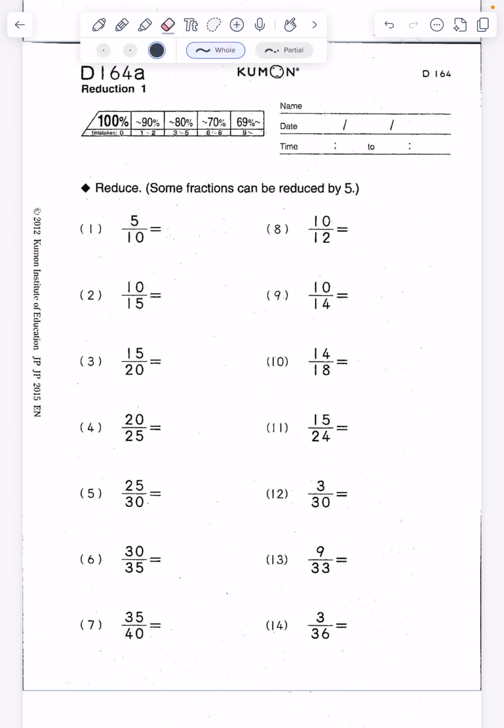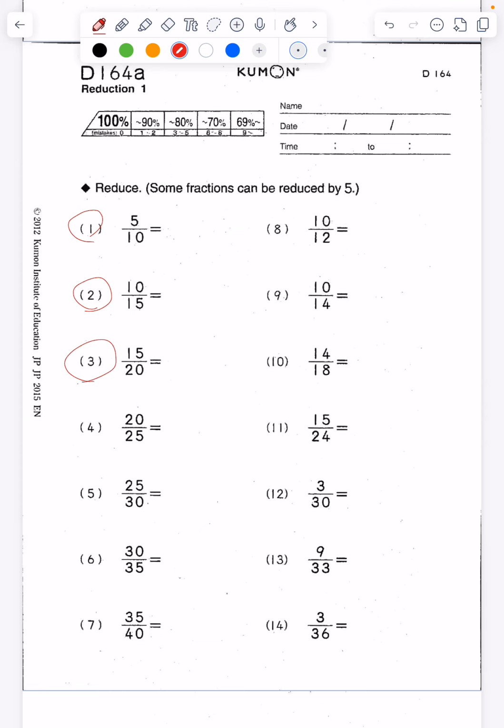You can tell me, maybe question number 1 and 2. I can see that it can be reduced by 5. What about other questions? Tell me the questions that you think can be reduced by 5. Go through it. Number 1, so circle it. Number 2. Good job. Number 3. Good job.